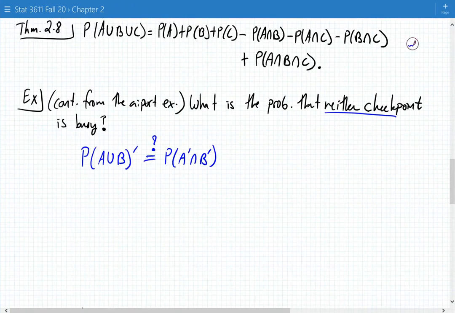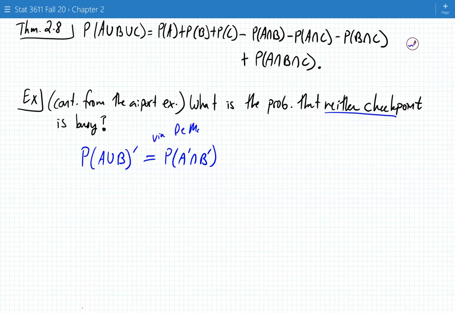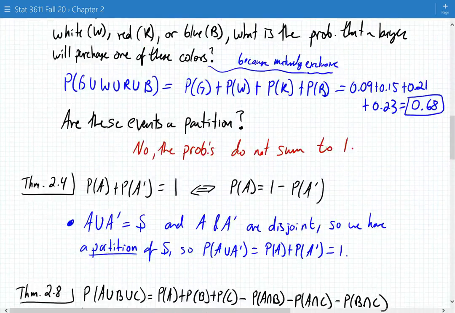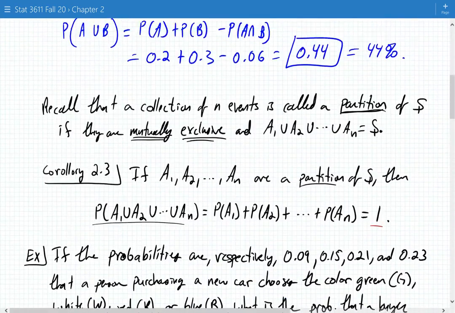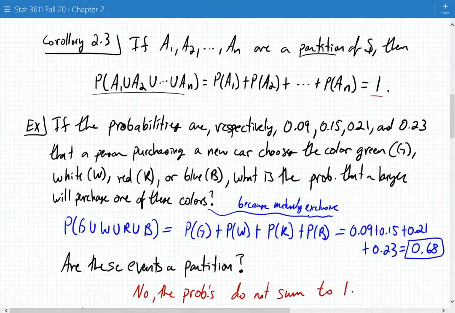So why do I care about this? Well, this is true via De Morgan's law. And this is good because we want this. We already know the complement. We know the probability of A or B is equal to 0.44.